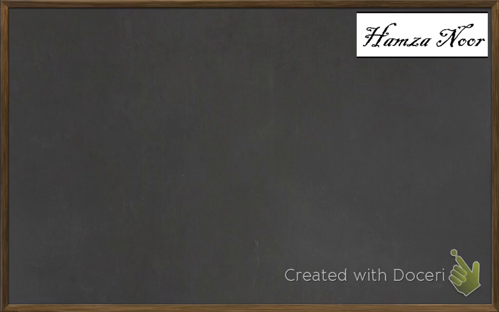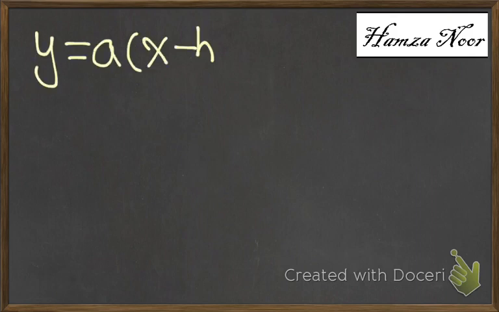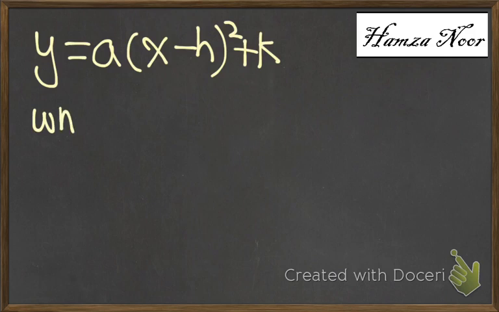First, let's talk about what exactly is the completing square form. It is y is equal to a multiplied by x minus h, the whole thing squared, plus k, where x minus h is equal to 0.